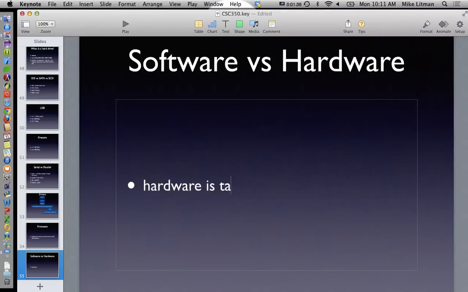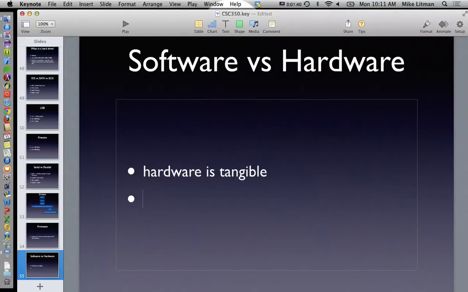Okay, hardware is tangible. That's an interesting word, right? Tangible. Software exists in bits, so digital space. Oh, that sounds more professional. Digital space.